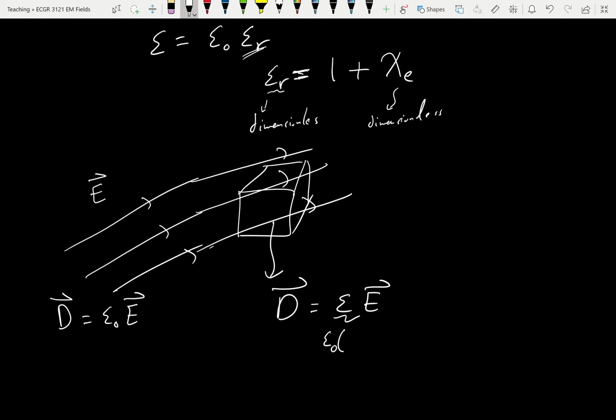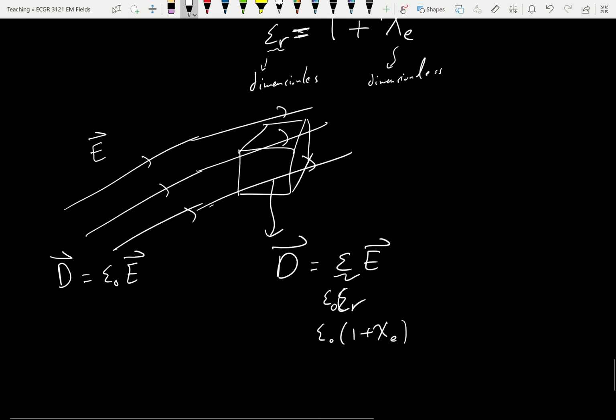it will be epsilon naught epsilon r, which is epsilon naught (1 plus Z) E, right, which is epsilon naught plus epsilon naught Z, which will be like the polarization of empty space plus some excess polarization due to the material. This is all multiplied by E, right?